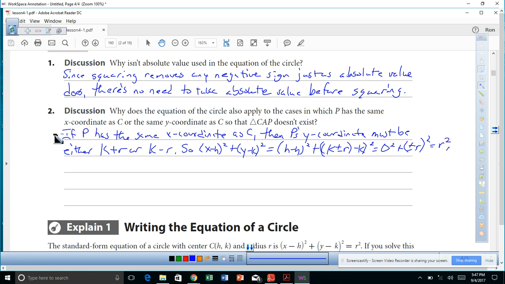And the equation of the circle is still satisfied.